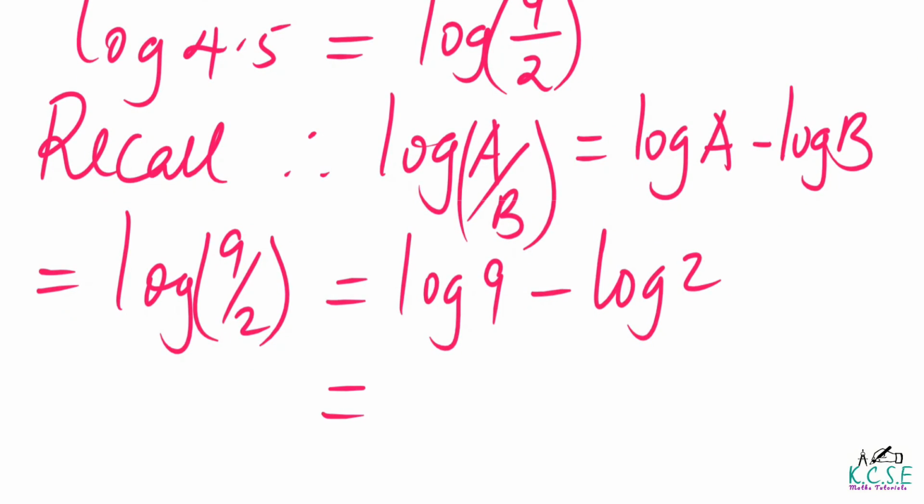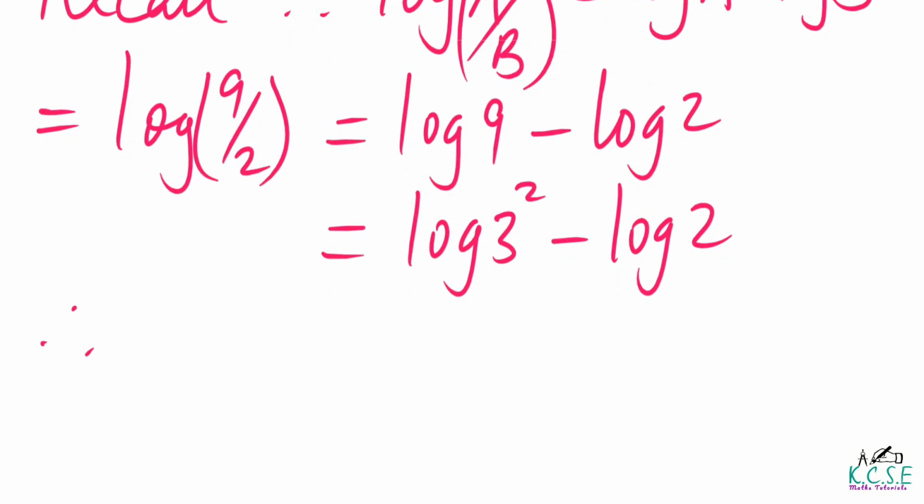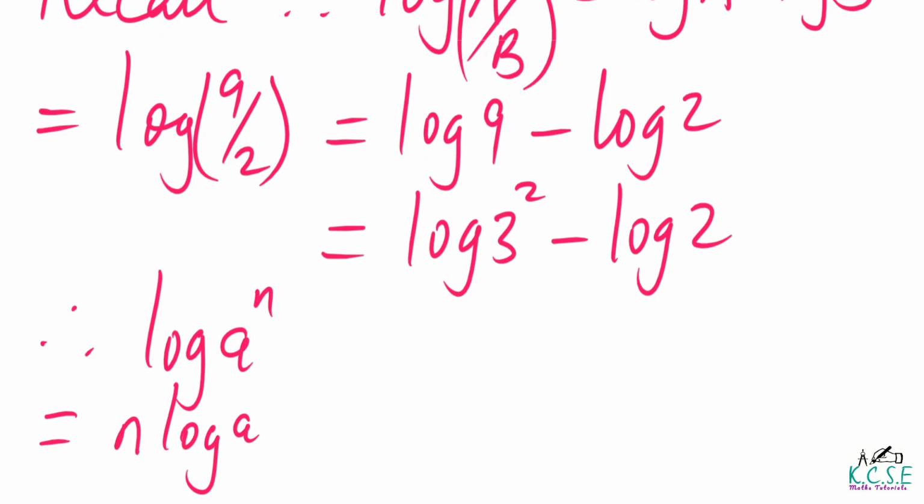Then logarithm of 9 can be written as logarithm of 3 squared, which is 9, subtract logarithm of 2. Now recall also that given logarithm of A raised to power n, this translates to n logarithm of A, according to the basic laws of logarithms.